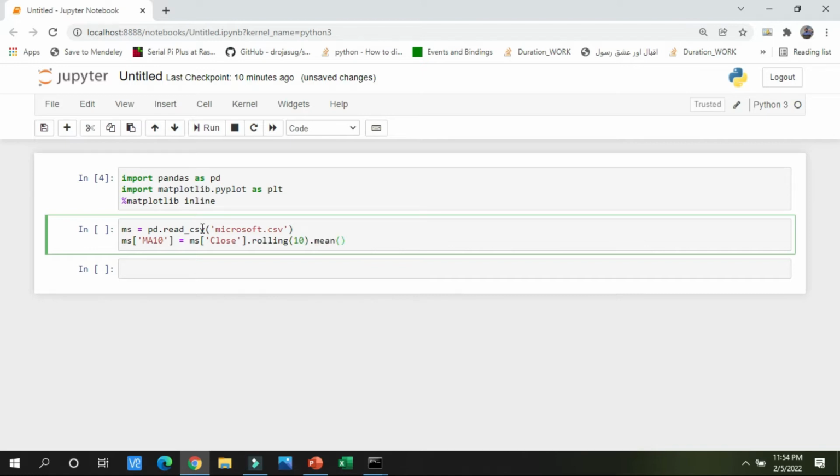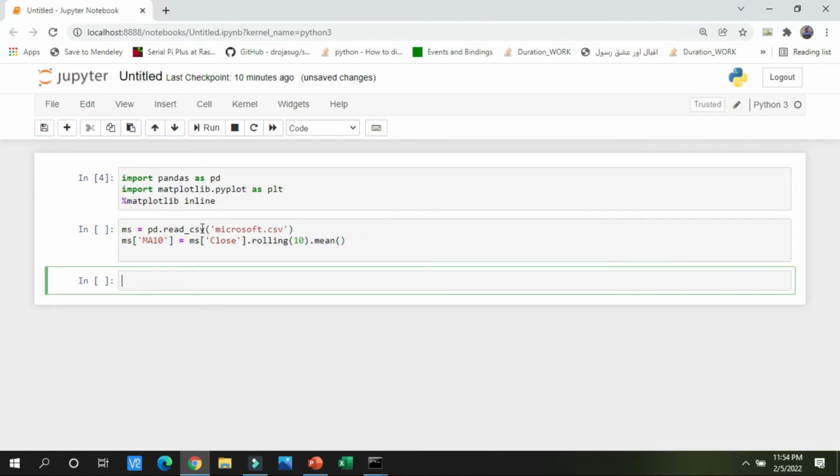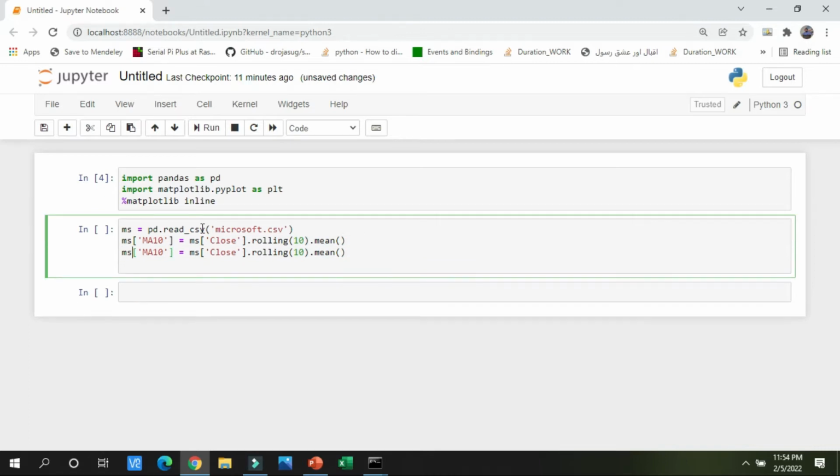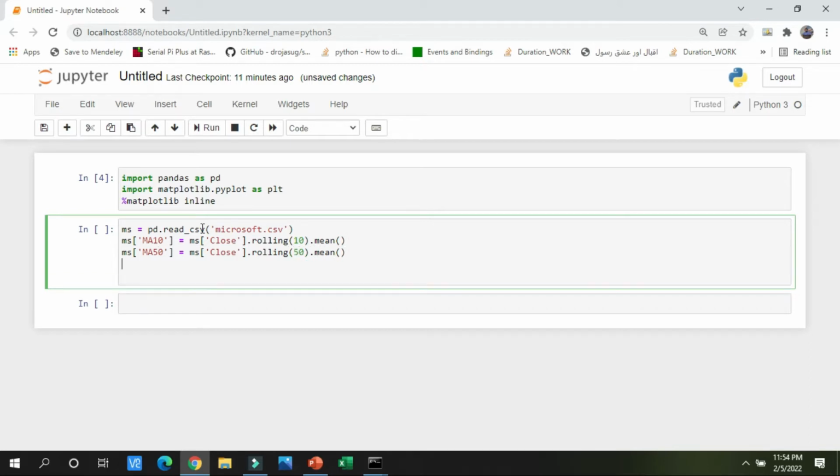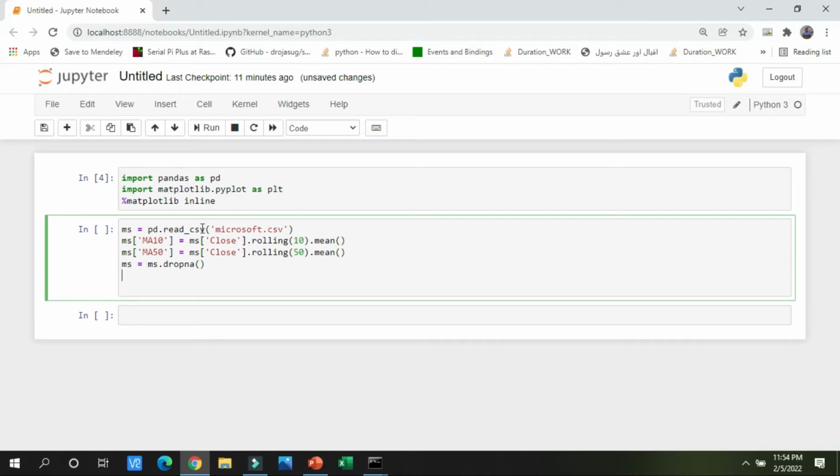After this I will copy this and also calculate the moving average column for 50 days, and I want to remove all the unnecessary values. So I am writing ms is equal to ms.dropna. It will find all the empty places and drop the rows which have NaN values.